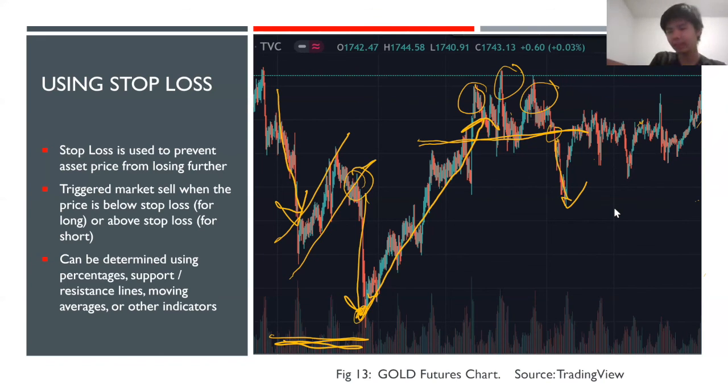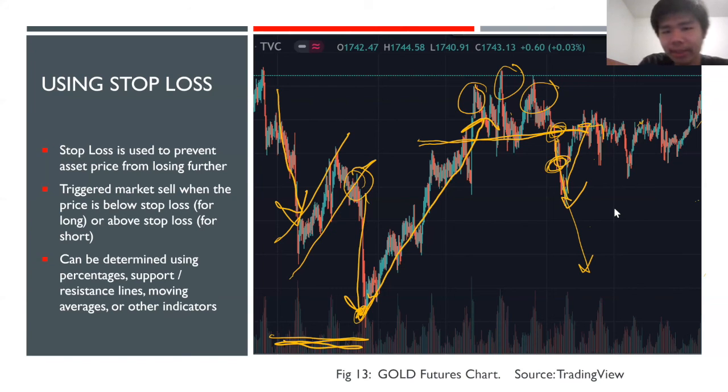Now, if we think, for example, that we are too late to enter the market here, we might be thinking, oh, let's go short selling, because we will be thinking the price will go down even more. But the reality is it's going upwards afterwards here.